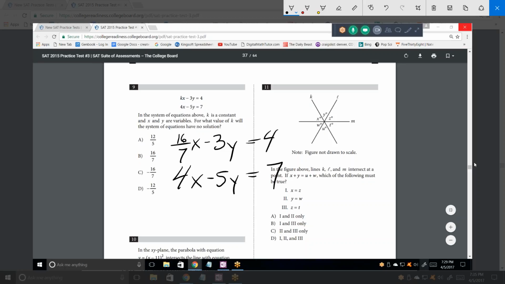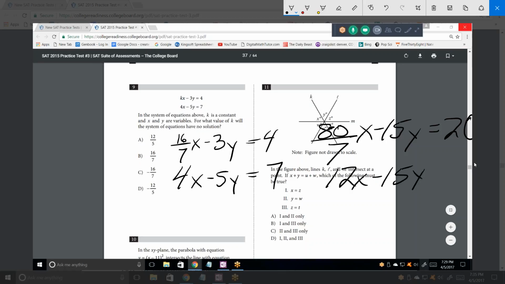And probably the easiest way to solve this would again be to multiply the top by 5 and the bottom by 3. And that gives you 80/7 x minus 15y equals 20. And it also gives you 12x minus 15y equals 21.